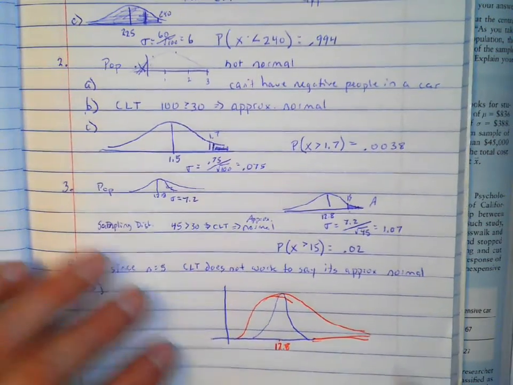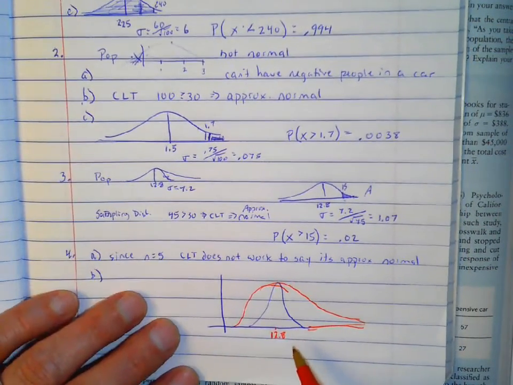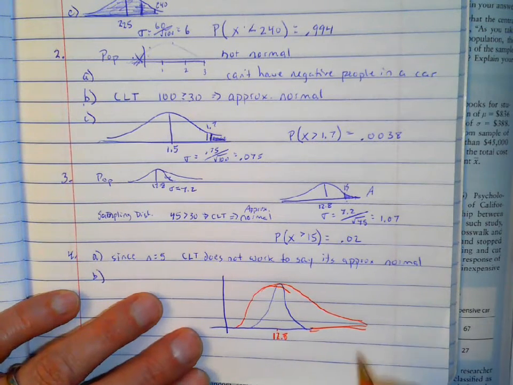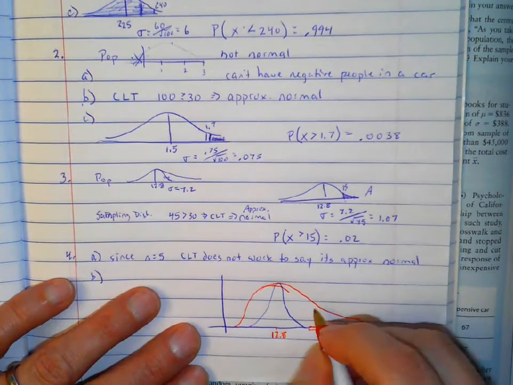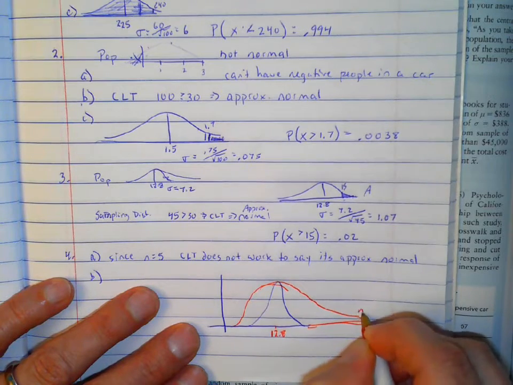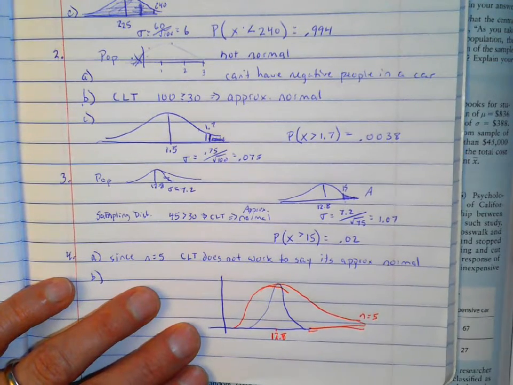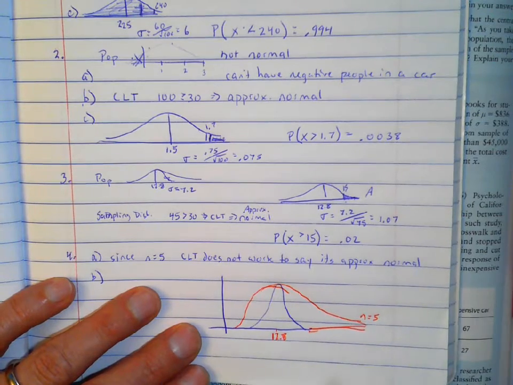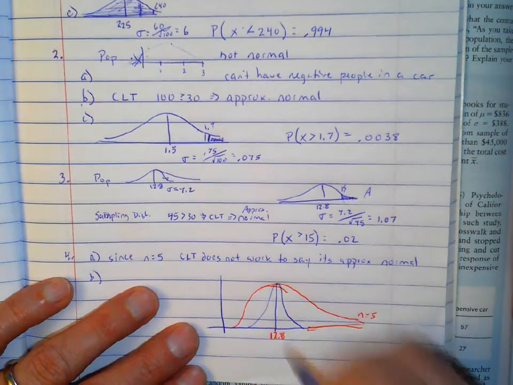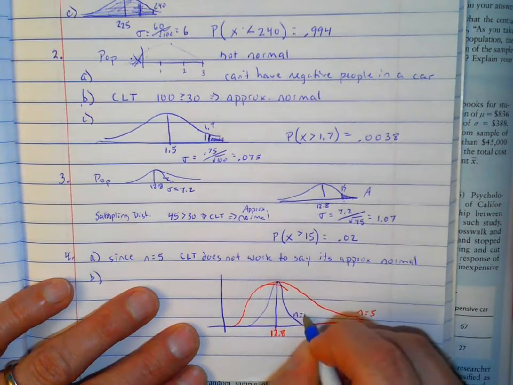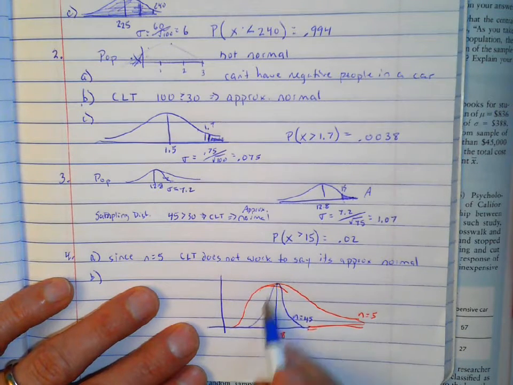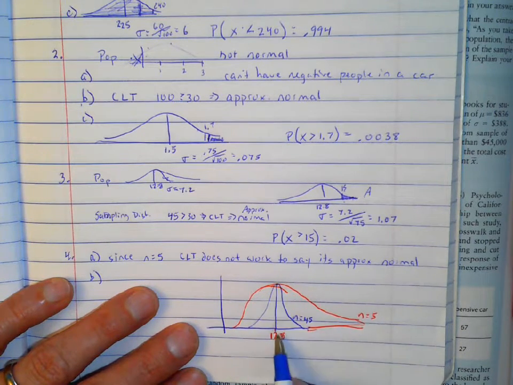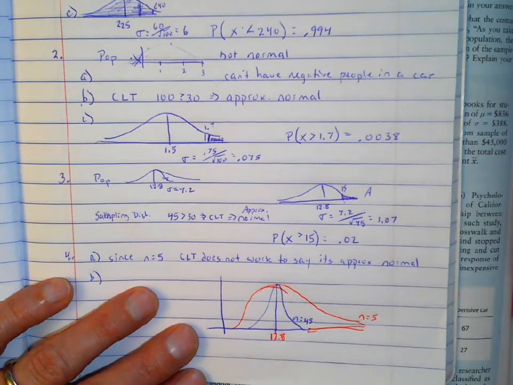Okay, which one's which? Which one of these has a sample of 5 and which is a sample of 45? This one here would be the sample of 5. It's still skewed and has a wider distribution. This one here is n equals 45. It's going to be approximately normal because of CLT, and it's going to be less varied because we have more in our sample.